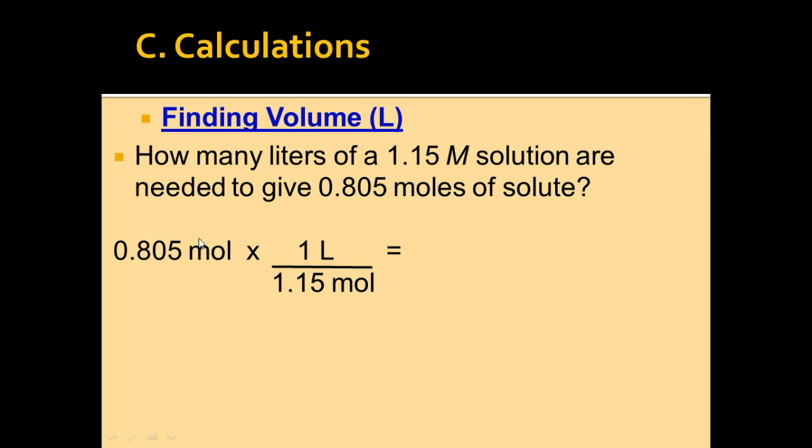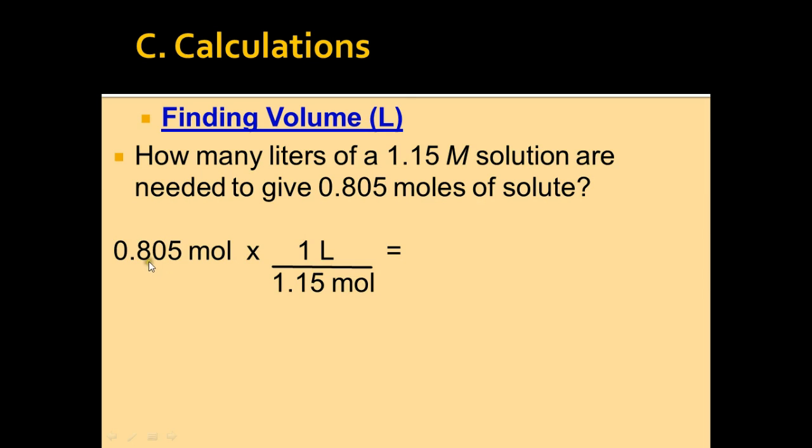So instead of putting liters at the bottom, we put moles on the bottom so moles can cancel out this time. So moles is on the top of this fraction, so moles is on the bottom, and its molarity tells you how many moles we have per liter. So instead of liters on the bottom like we normally were doing, liters on the top this time, so we're left with liters, moles cancels out.